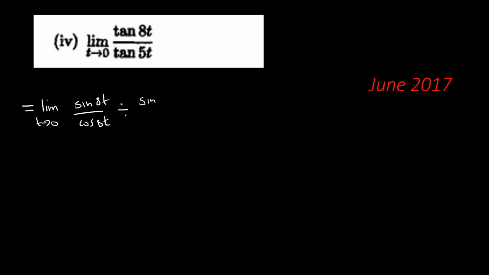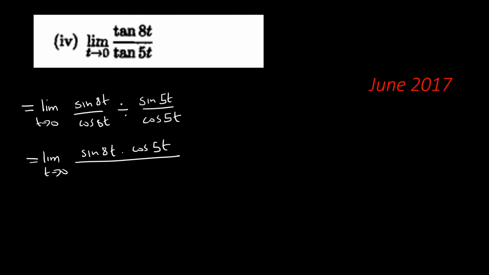So I'm dividing by another tan for 5t. Remember, dividing is the same as multiplying by the inverse. So this will be multiplying by cos 5t over cos 8t multiplying by sine 5t.